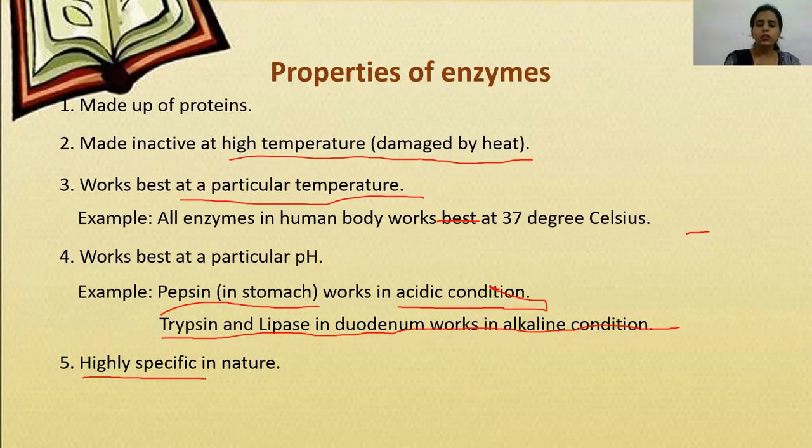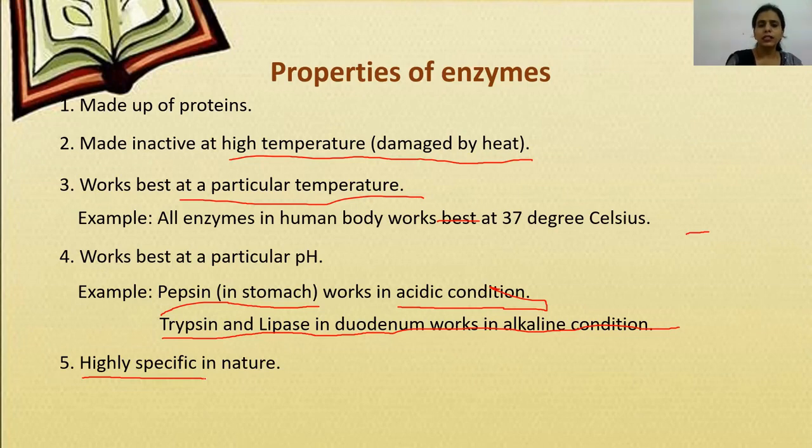So for example, take the enzyme catalase, which I told you about a few minutes ago, present in all living cells. Catalase enzyme breaks down the toxic byproduct of metabolic reactions, that is hydrogen peroxide, into water and oxygen.